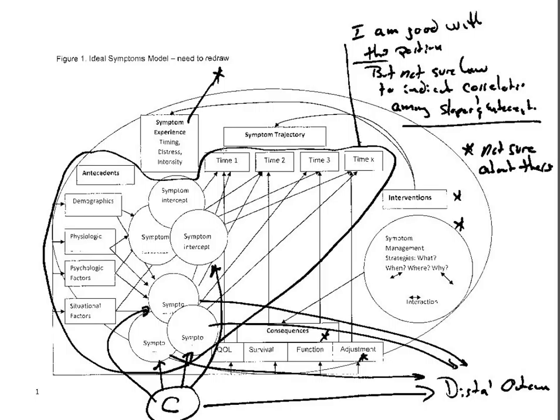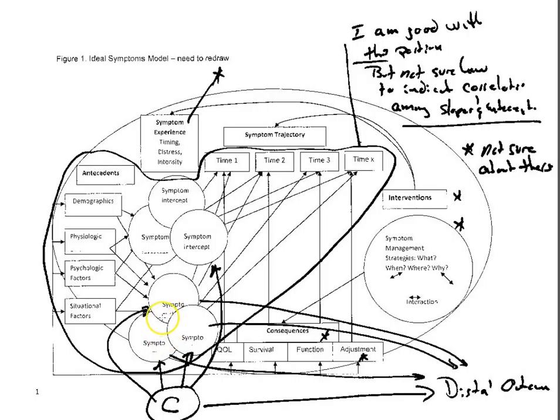There are several things I don't quite understand, and that's okay with me. This is your model. But I don't quite understand these relationships that are indicated here. Unless this symptom trajectory, I don't know how that's different than here.